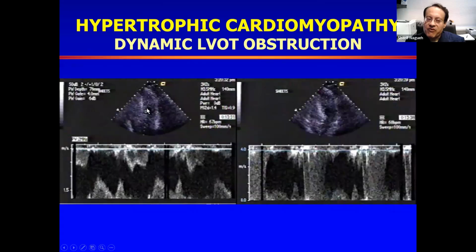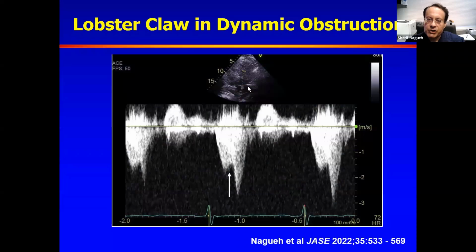We do, if you were to call this, mapping using pulse wave Doppler, because you see aliasing when the sample volume is present at the level of obstruction. So that identifies where it is. Continuous wave Doppler will not allow you to identify where the obstruction is present, but will make it possible to measure the peak obstruction.